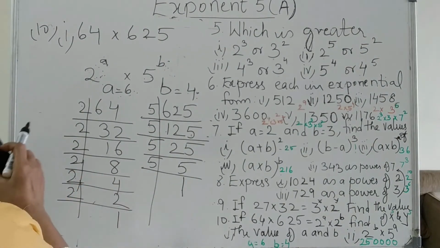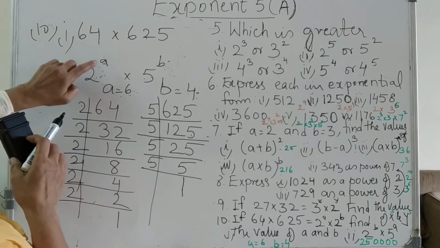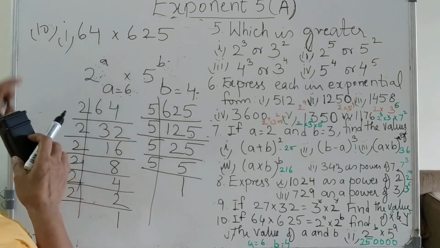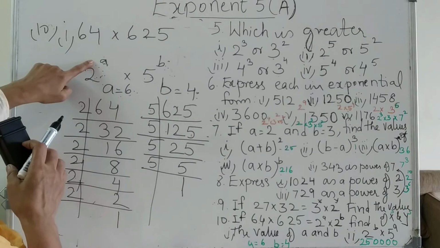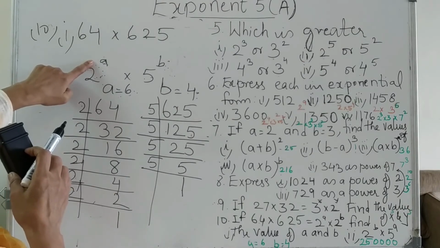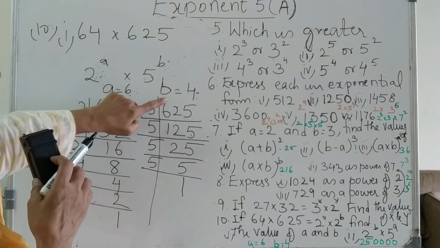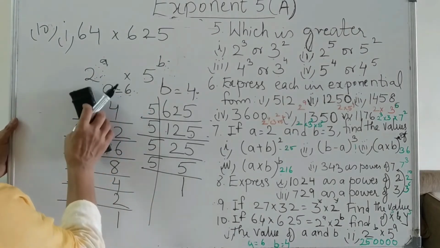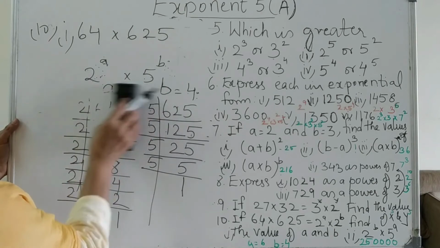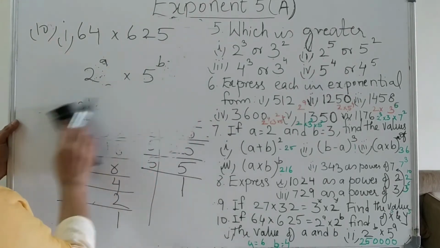Now here it is 2 raised to B, and you have to put the value. Now I have got the value of A and B. Now we have to substitute this value of A and B and multiply it.